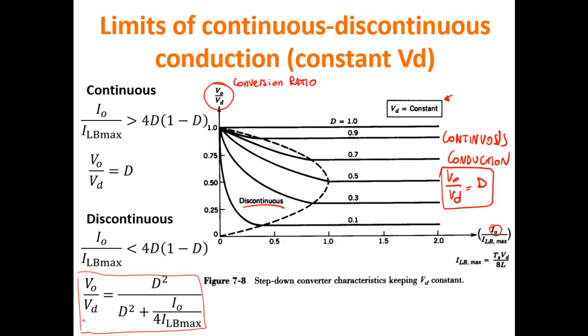If I/O is equal to 0, this ratio is equal to 1. So when I/O goes to 0, all the curves go to 1, as we have shown here. And when we increase I/O, this ratio goes down. So the slope is always negative.